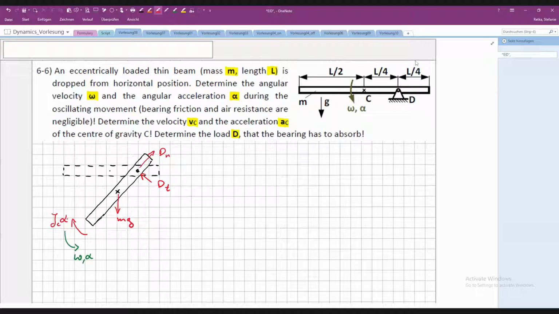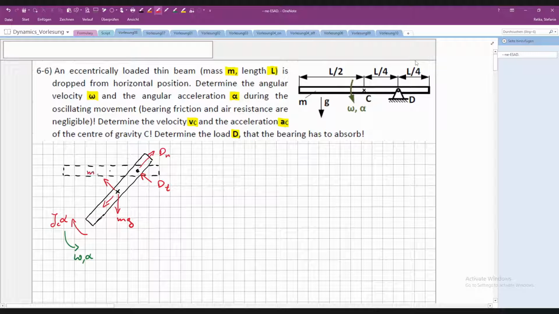What kind of acceleration do we have in the center of gravity? The center of gravity moves along a circular path, meaning that we have a tangential and a normal component of the acceleration. In consequence, there are two inertial forces, one in tangential and one in normal direction, opposite to the direction of the tangential and normal acceleration.